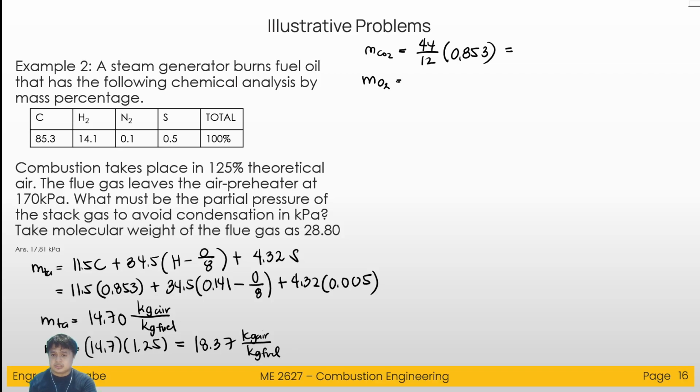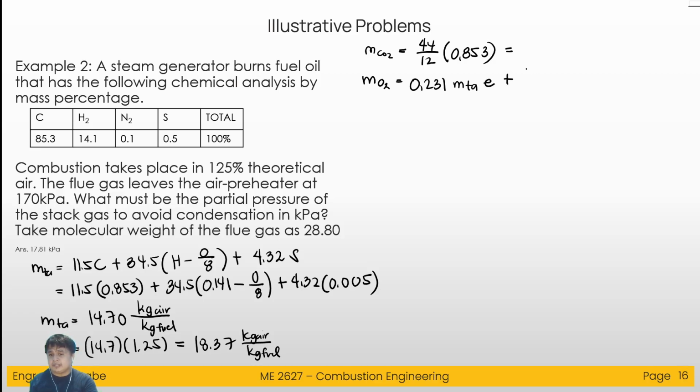So oxygen here is the mass of the theoretical air times the excess air, and then you have 0.231, so 0.231 times the mass of the theoretical air and then excess air.